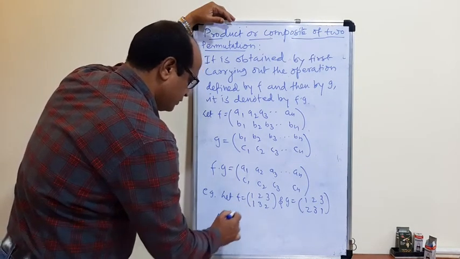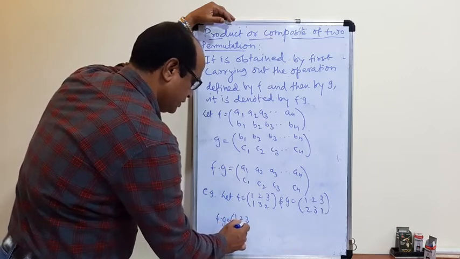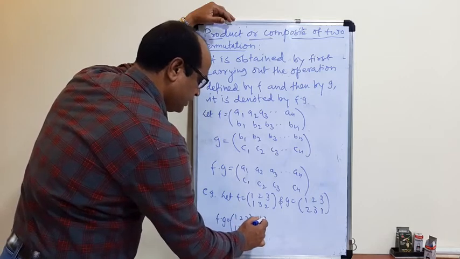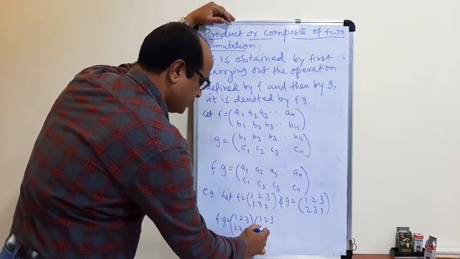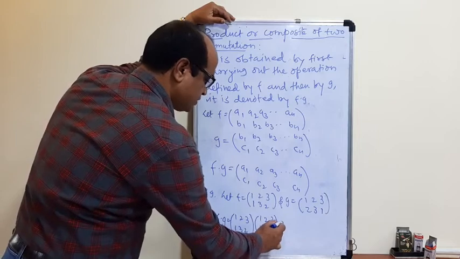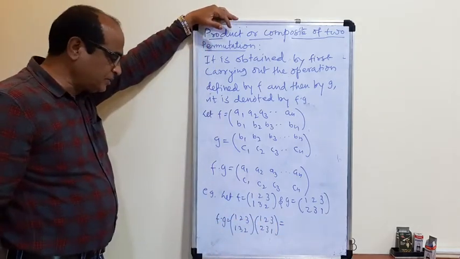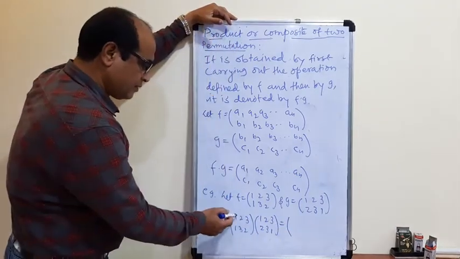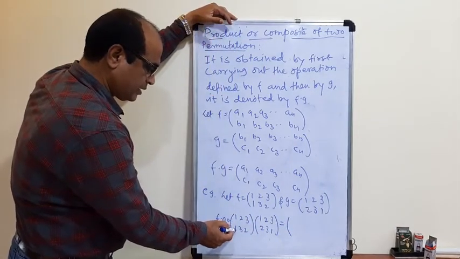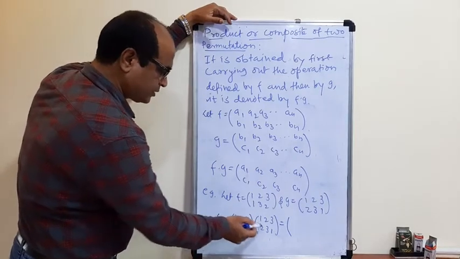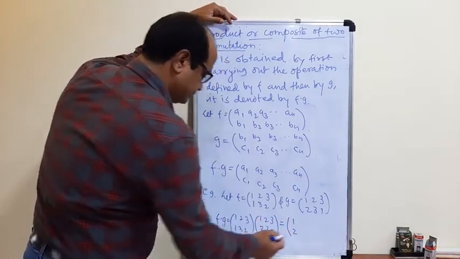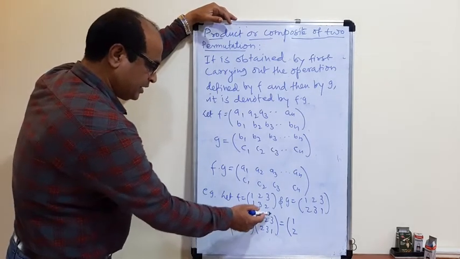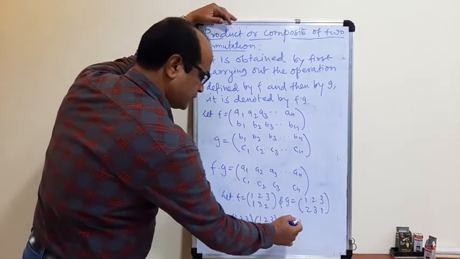So what is F into G? It is 1, 2, 3 over 1, 3, 2 times 1, 2, 3 over 2, 3, 1. Here 1 goes to 1, then 1 goes to 2, so 1 goes to 2. Then 2 goes to 3, and 3 goes to 1, so 2 goes to 1.